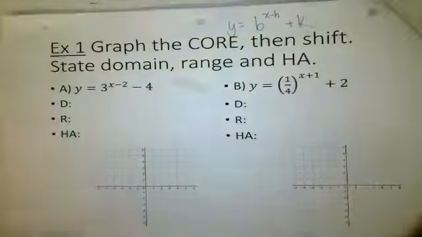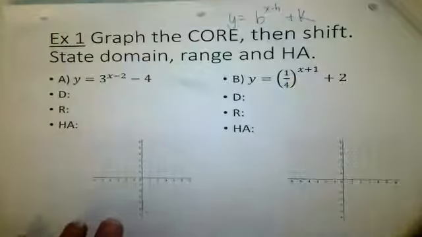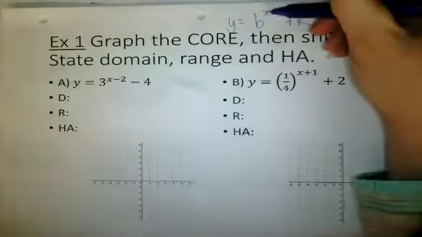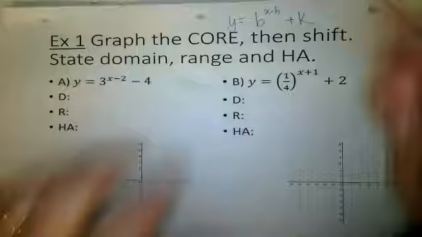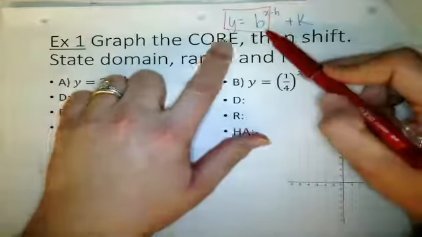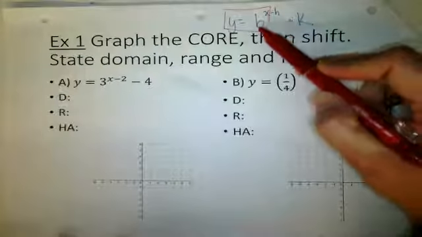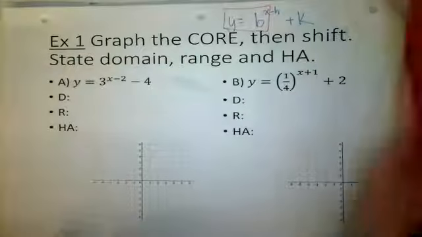This is our standard form for our graphs. The x is in the exponent, so it's exponential. So for our core function, we're going to make a small, teeny tiny xy chart, just with b to the x, whatever the base is, and then we just get to shift it h and k units.